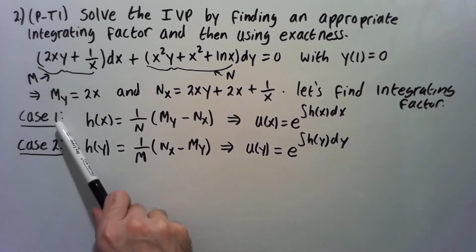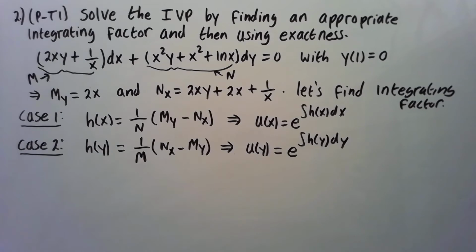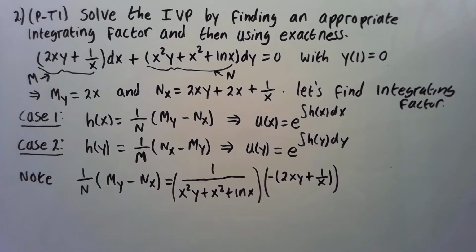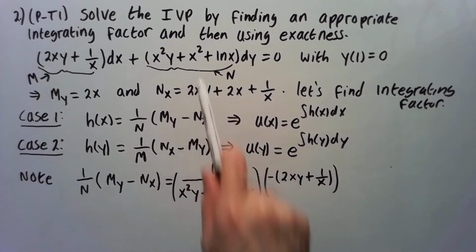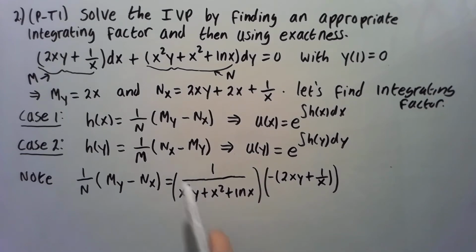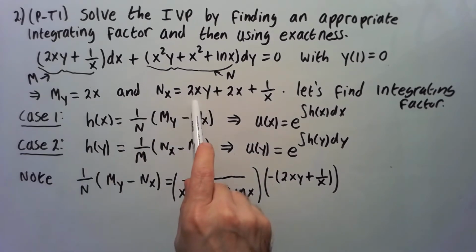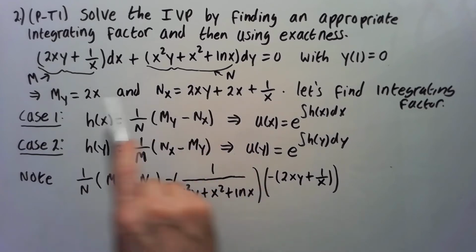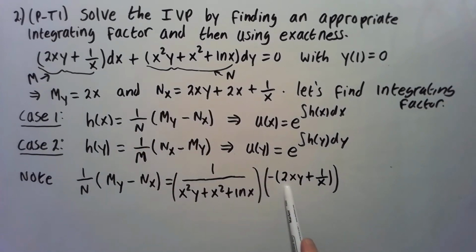So let's check case 1 first. Looking at the 1/N (My − Nx) guy, N is this guy up here, so the 1 over that. Then My − Nx: the 2x's will cancel, and we're left with −(2xy + 1/x).